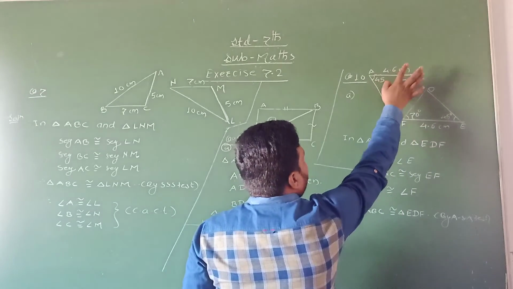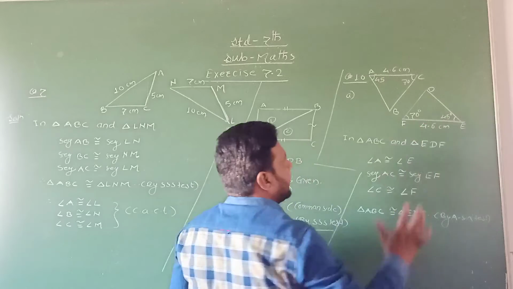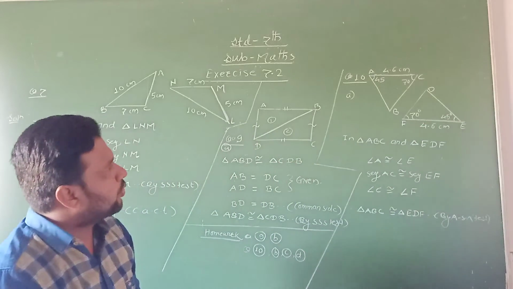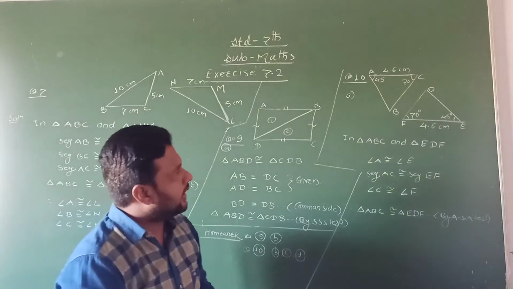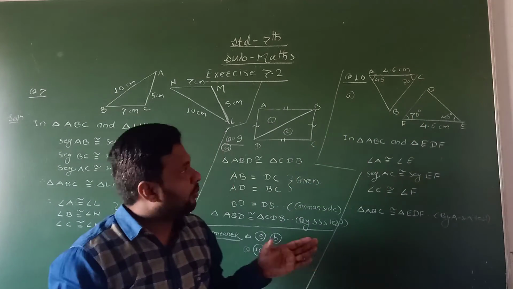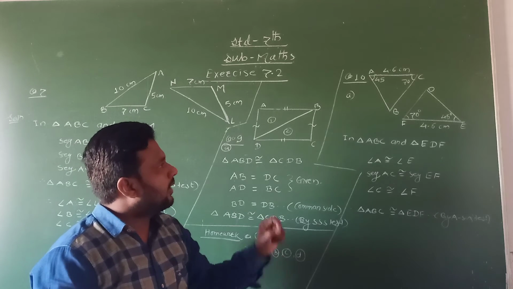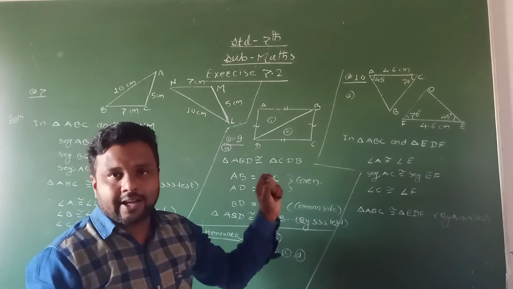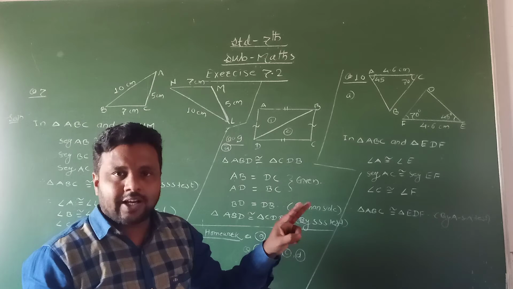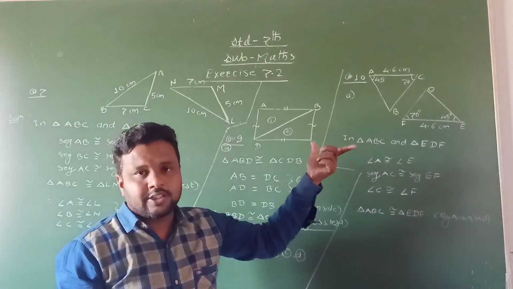Here AC is equal to 4.6 centimeter. Here EF is given 4.6 centimeter. Angle A is 45. Angle C is equal to 70 degree. From these two triangles, we understand we can prove these two triangles congruent by angle side angle test. Two angles and one side including these two angles is given.